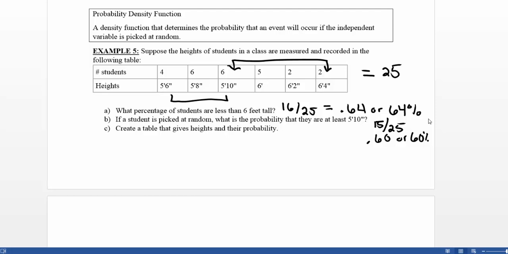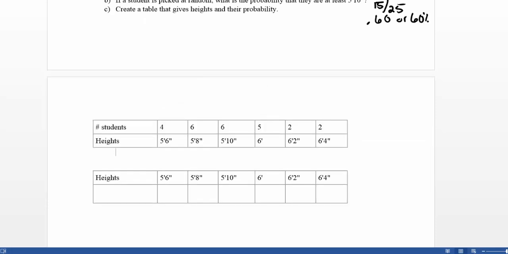For part C, we want to create a table that's going to give the heights of the students and the probability that if they were picked at random, that they would be that height. So what does that look like? So in order to create a table that's going to give us our probability or our density, what we need to do is take each height and figure out what proportion of the population that represents.